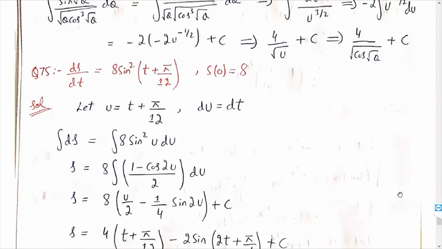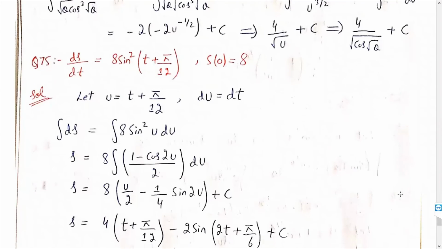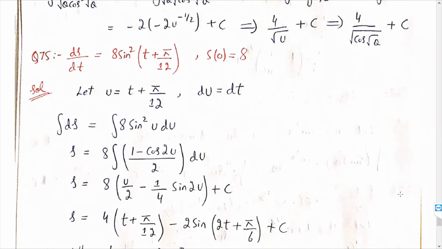Now, question number 75. This is a first order differential equation, and it's an initial value problem. So we have to do substitution here as well. Let u equal t plus pi by 12. So when we take the derivative, du equals dt.